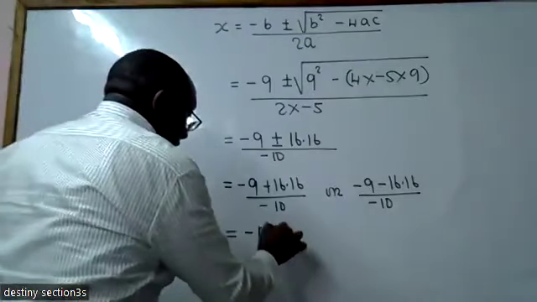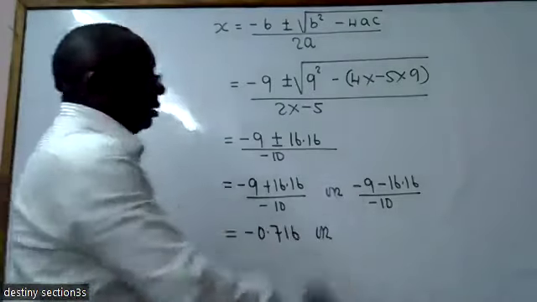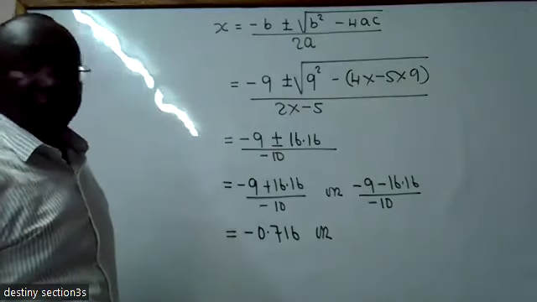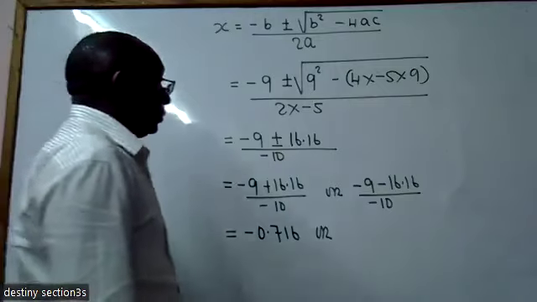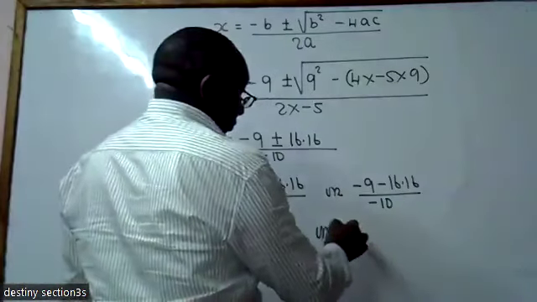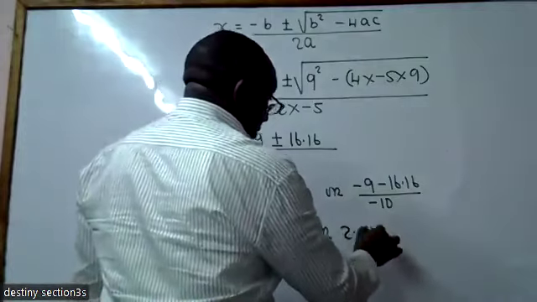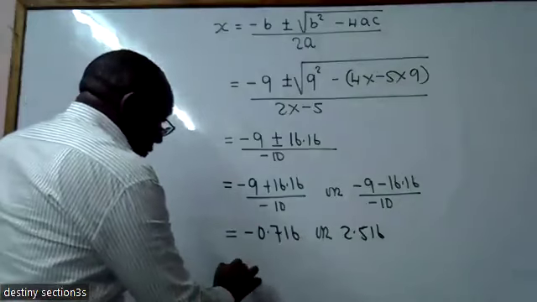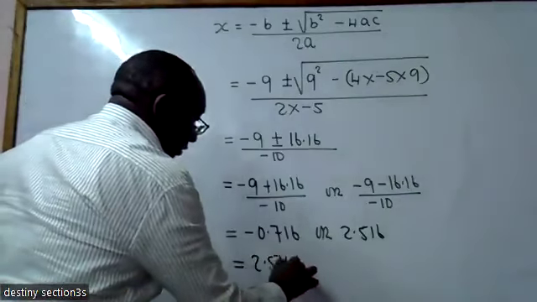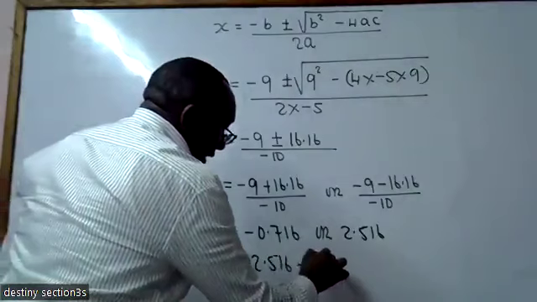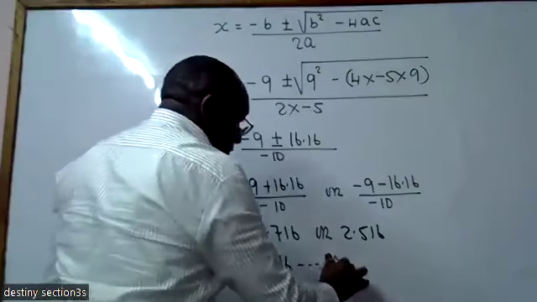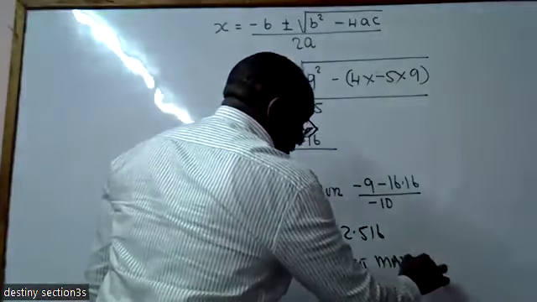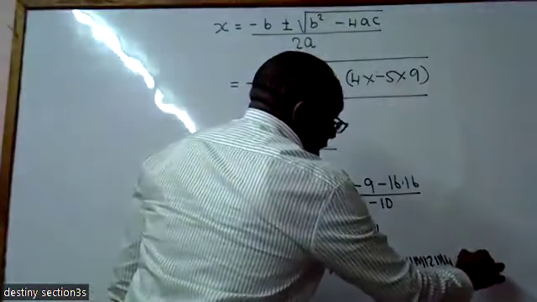Negative 0.716 or 2.516. Yeah, because we cannot have negatives, we take 2.516 as the profit maximizing output.